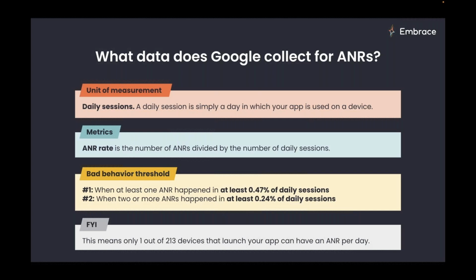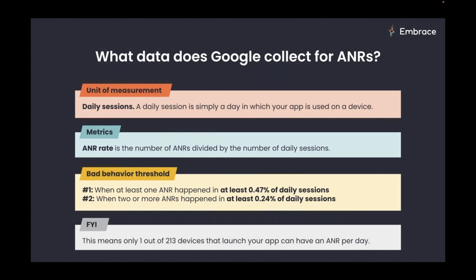There's 2 bad behavior thresholds, which it has in common with crash rate. And effectively, when at least one ANR happened in 0.47% of daily sessions, Google will start downranking your app. And it's a similar story for the other threshold, except for when 2 or more ANRs happened, the threshold is a little bit lower.